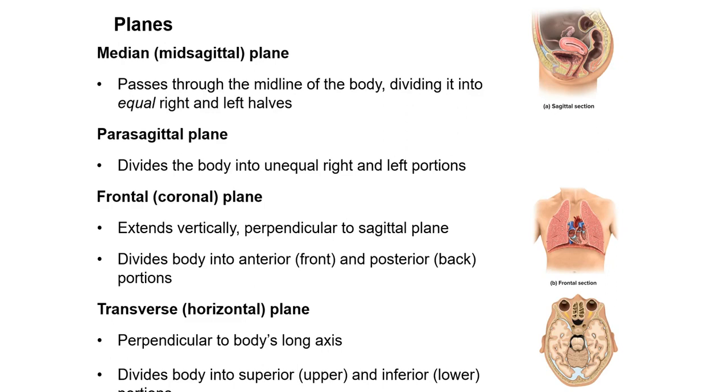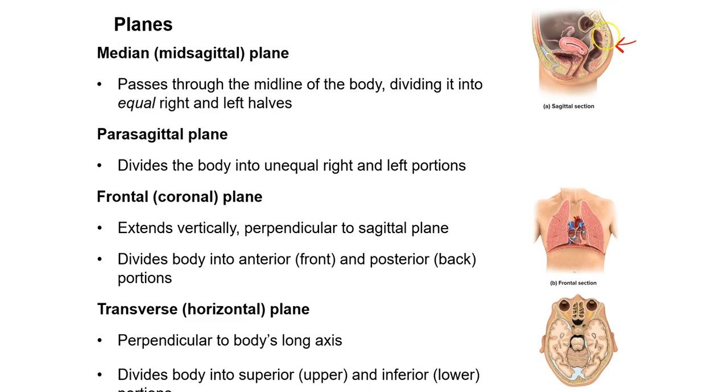You can use these same planes as a way to properly visualize what's inside of the body. So this picture here at the top, this is a mid-sagittal section of a female body's lower portions. We'll learn those proper terms in just a moment.